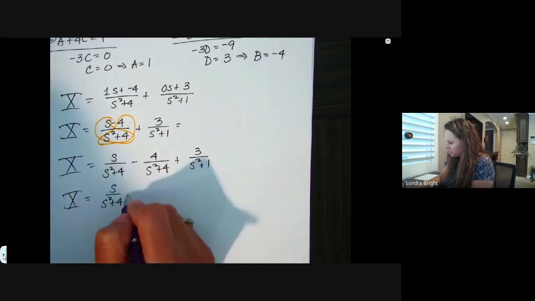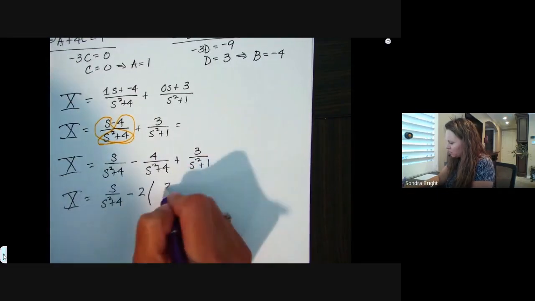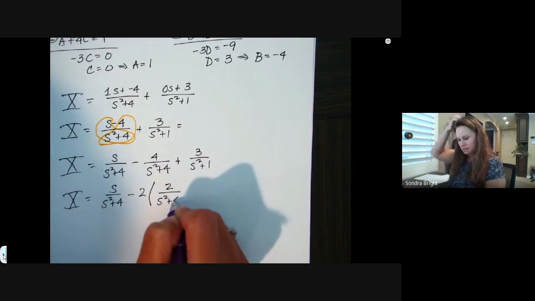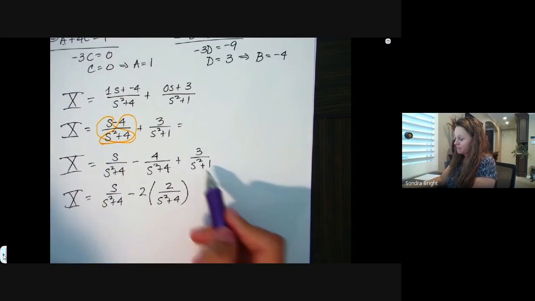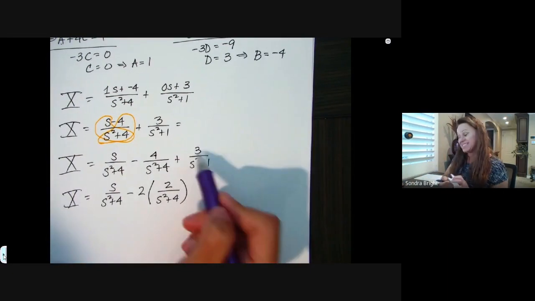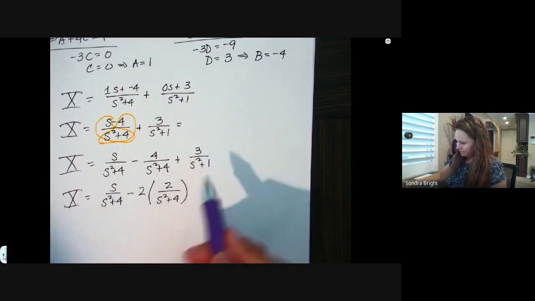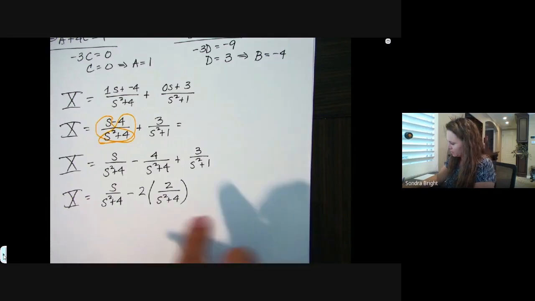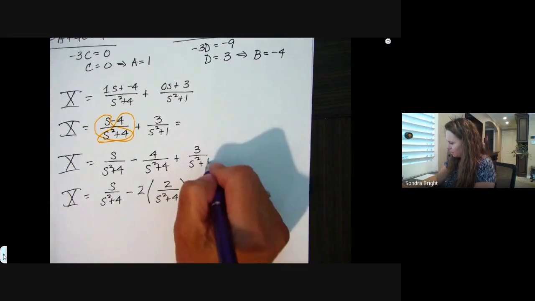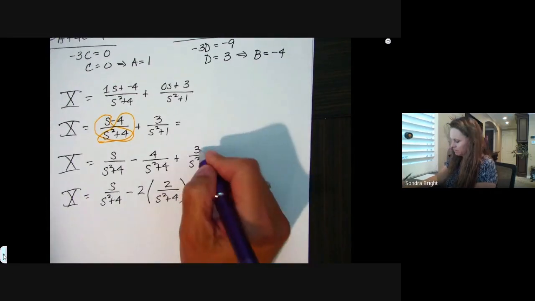So I'll write 2 times 2 over s squared plus 4. And again, here you've got a number up top, a number here. That means it's sine also. But this is a squared, so 1 squared, that means this needs to be a 1, so I'll factor out that 3. 1 over s squared plus 1.